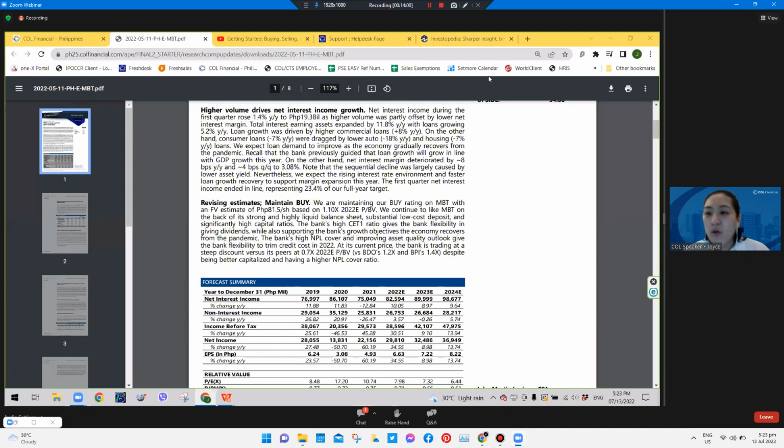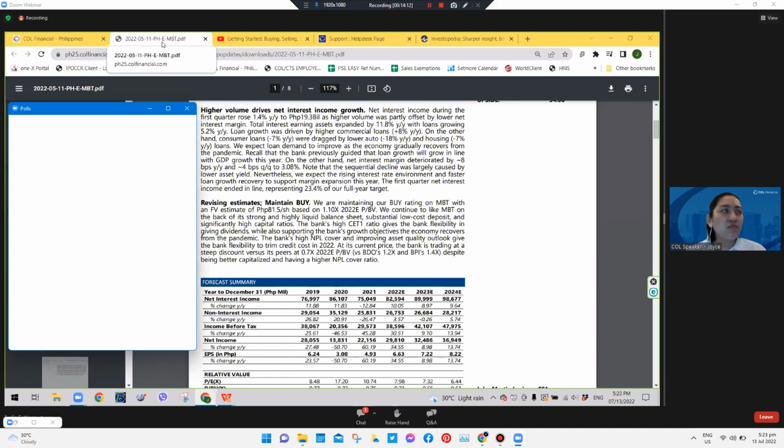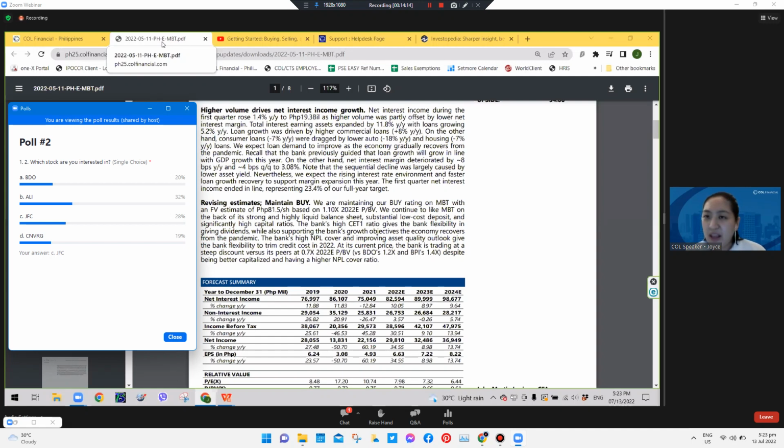Okay, I can see on the chat box here, somebody asked how frequent does this recommendation change? This is updated weekly, but usually fair values are not being updated every day. It is because a company's performance would sometimes, we analyze a fair value that is good for 6 months to 1 year.